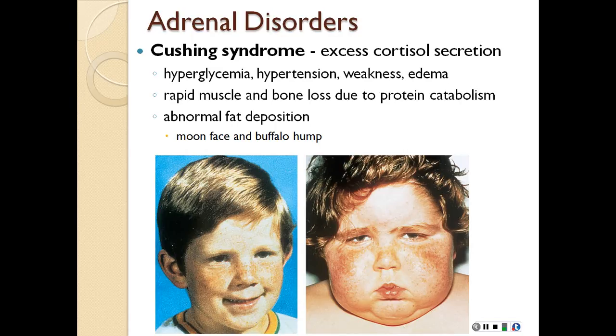And what that causes is rapid muscle and bone loss due to breakdown of protein and conversion of the amino acids from the muscles to fat, which deposit around the face and the neck. And that's called moon face and buffalo hump, on the back of the neck.